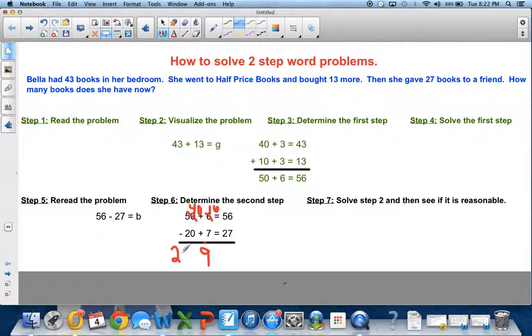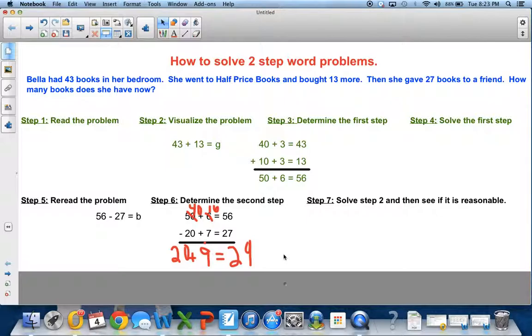So now we have 20 plus 9, which equals 29. So that means Bella has 29 books. She started with 43, then she bought 13 more, then she gave 27 books away. So she ends up with 29 books.